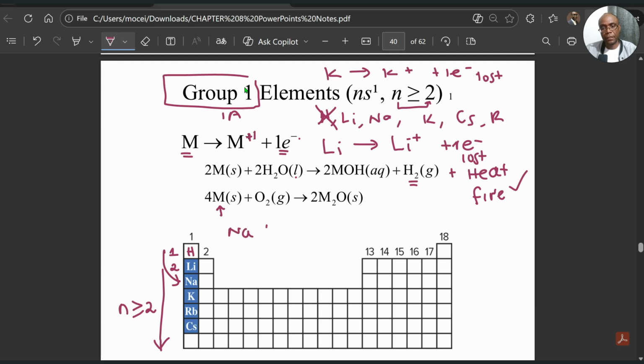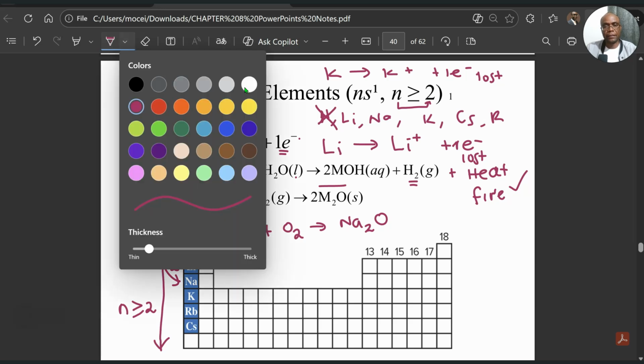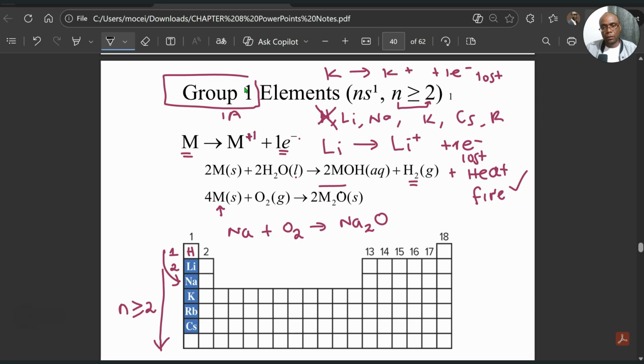Okay. Now, if you take a metal from the main group 1 elements, let's say sodium, and react it with oxygen gas, you expect to get sodium oxide, or metal oxide, having this formula. But because you have to balance things, we'll have to put 2 here to balance the oxygen, and doing so, we now have 4 sodiums, so I put 4 here, which is why you see 4 here as a leading coefficient.